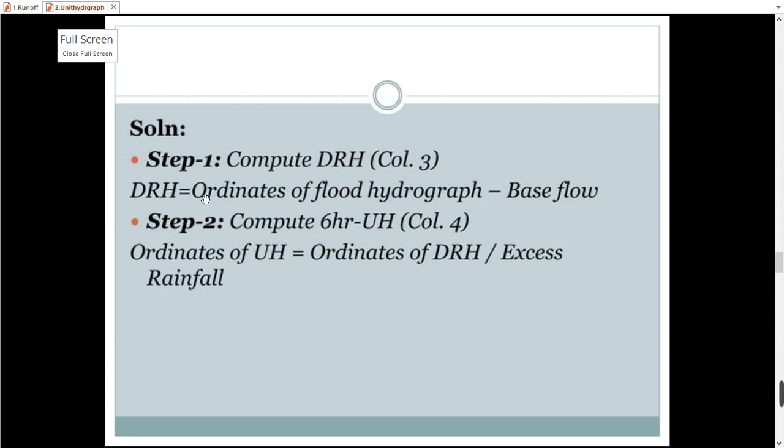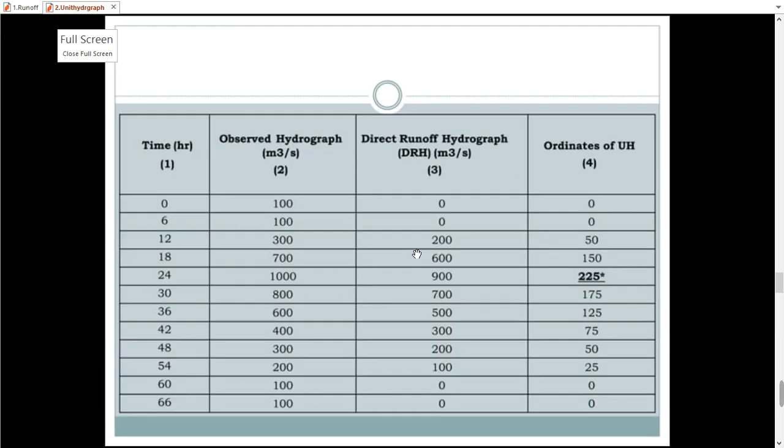Step 1: compute the DRH ordinates of the flood hydrograph minus base flow. Step 2: compute the 6-hour unit hydrograph. Column 4, the ordinates of UH, are the ordinates of DRH over excess rainfall. The observed hydrograph in meter cube per second goes to the direct runoff hydrograph, DRH, in meter cube per second.